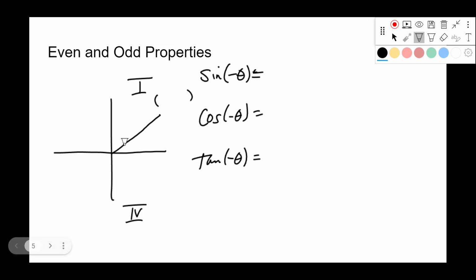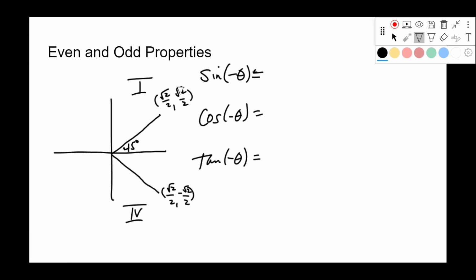So 45 degrees, or pi over 4 in quadrant 1 is root 2 over 2, root 2 over 2. In quadrant 4, that same reference angle would be, well, I'm going right and down. So that's root 2 over 2, negative root 2 over 2. Okay?